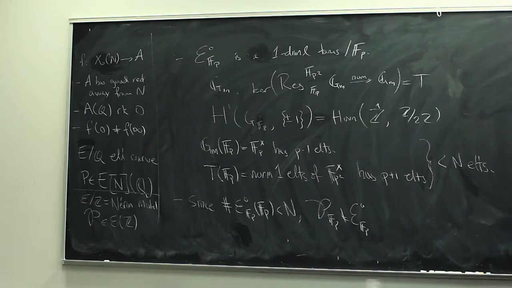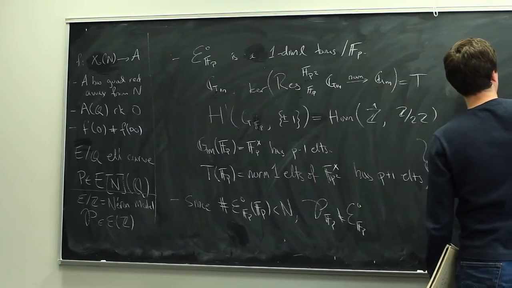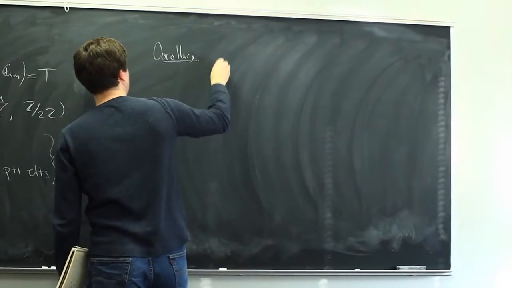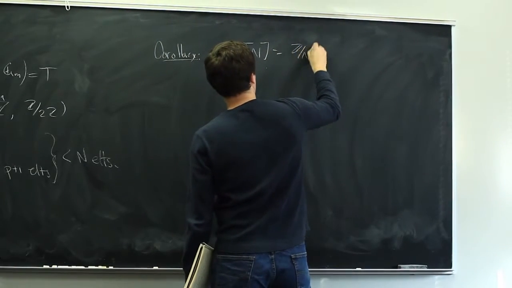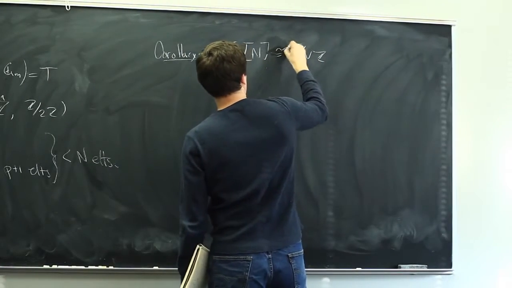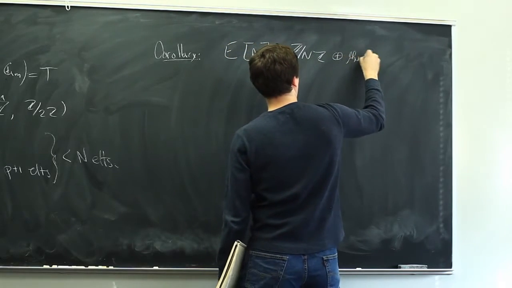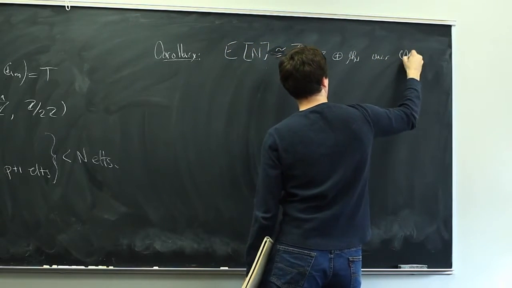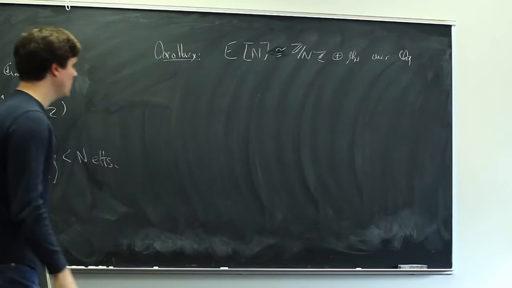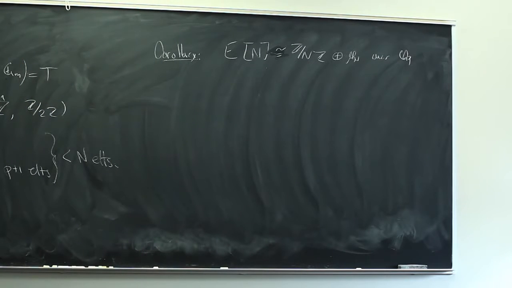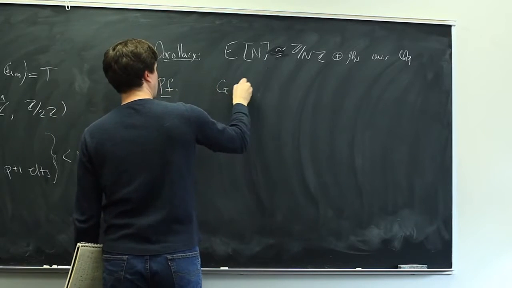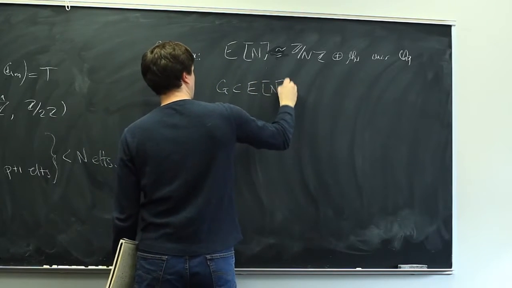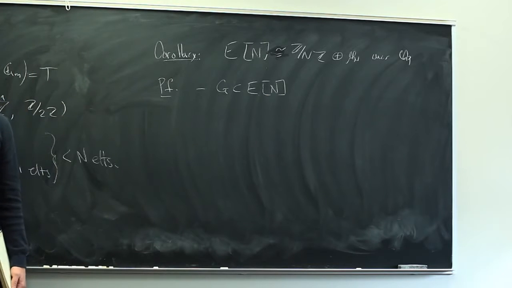So this has a corollary, which is that the n torsion of E is what we want: Z mod nZ plus mu n over Q_p, or p being 2 or 3 again. The reason is that you can just let G inside of E[n] be the group of points that reduce into the identity component.